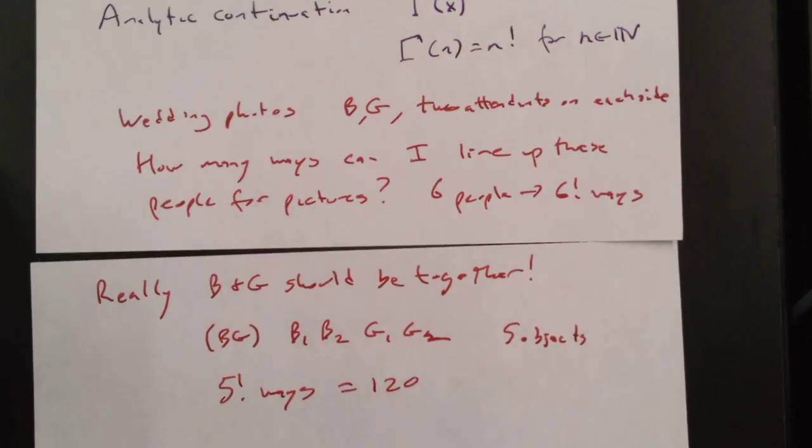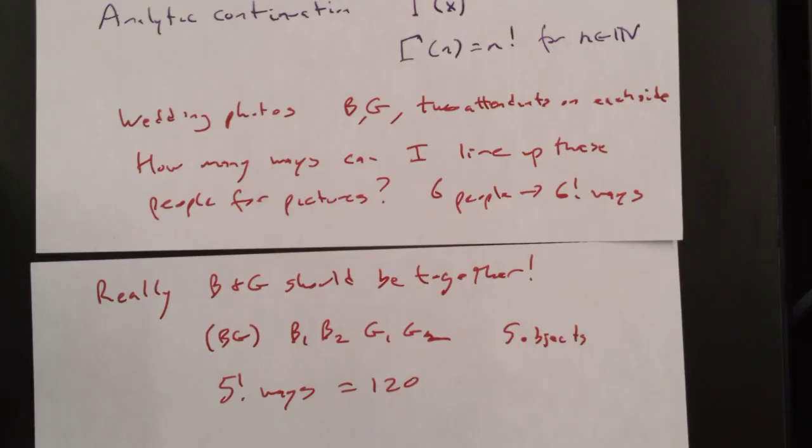But I order these 5 objects. And now I have, say, a bridesmaid, a groomsman, the sack, a bridesmaid, a groomsman. And then I open the bag. There's an option, isn't there? There's an or here.